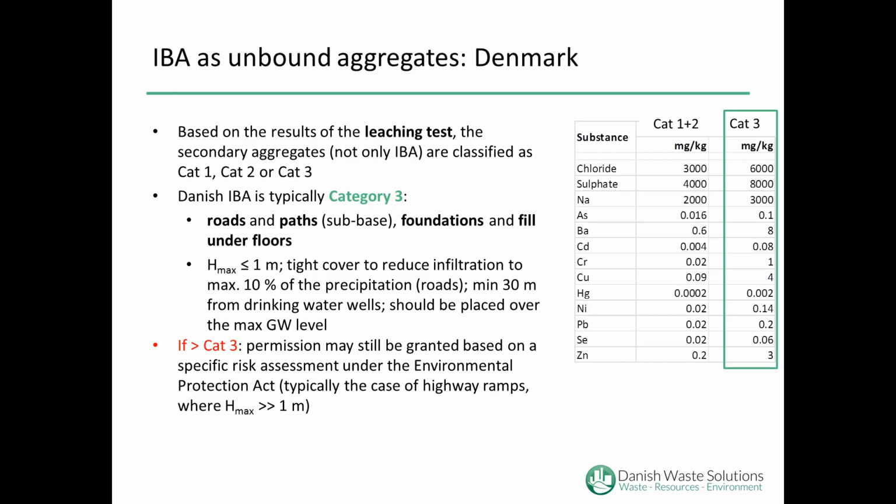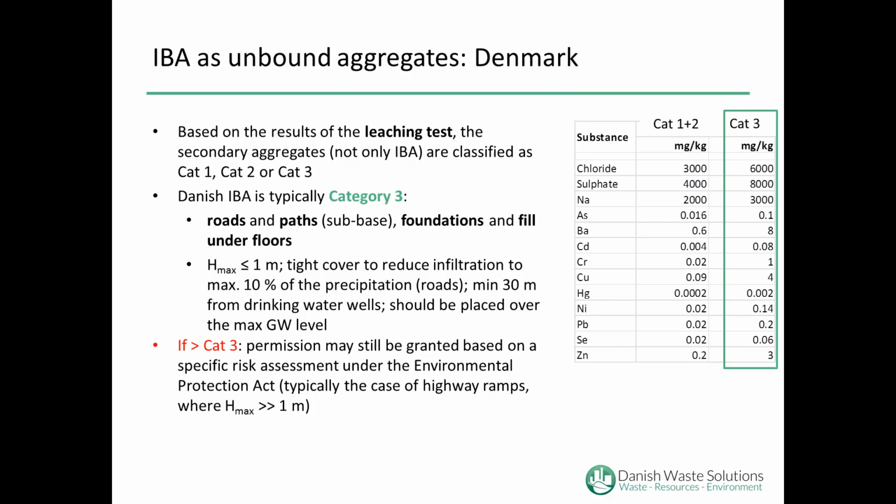There are some technical limitations to these applications, meaning the thickness of the layer must be less than 1 meter. There should be tight cover to reduce infiltration. There should be minimum distance from drinking water wells. The whole body of bottom ash should be placed over the maximum groundwater level, and so on.